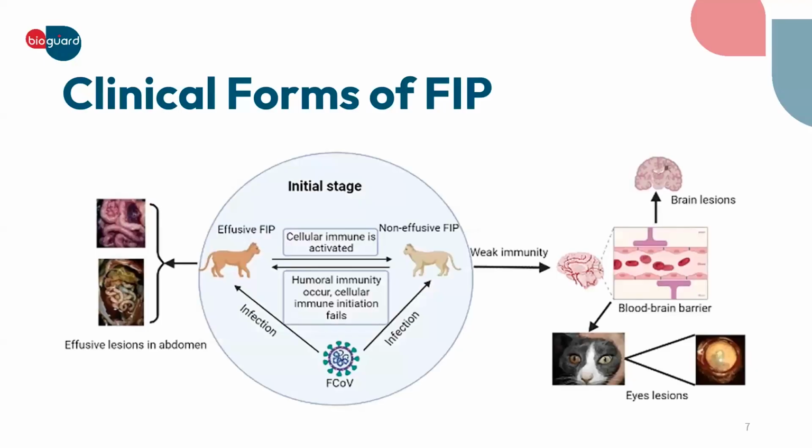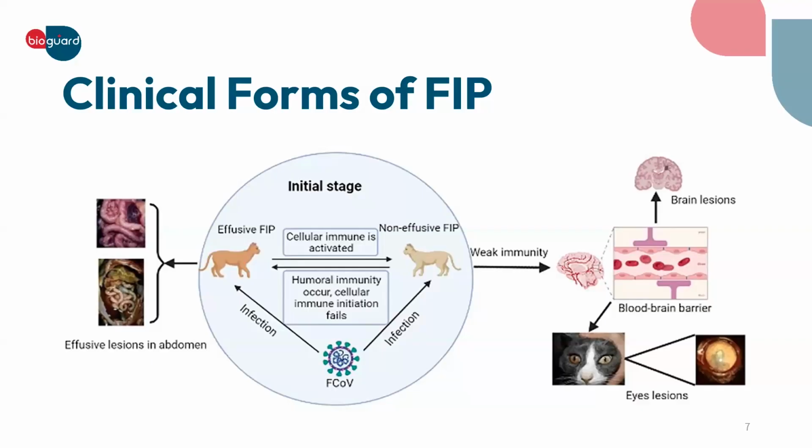Okay, so now how can effusive and non-effusive be differentiated? It actually starts in the initial stage of the FIPV invasion. So when FIPV has already mutated in the cat's body, the virus through the bloodstream reaches the brain as well as the eye, where it starts infecting the monocytes.